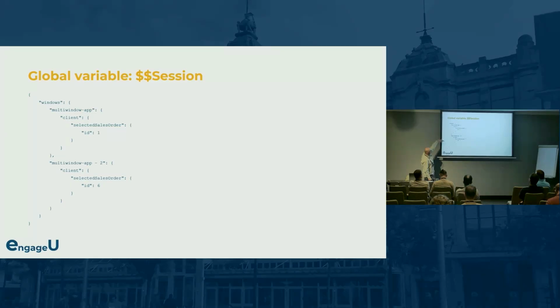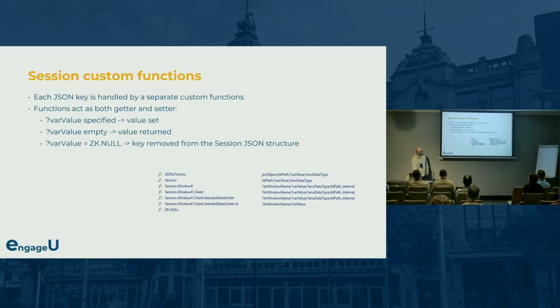We have two windows, multi-window app and multi-window app 2. They are for now identified by their name. As I've been told, there's a new function coming that will give you a window UUID, so we can easily use that. And then each window holds the selected order ID, right?